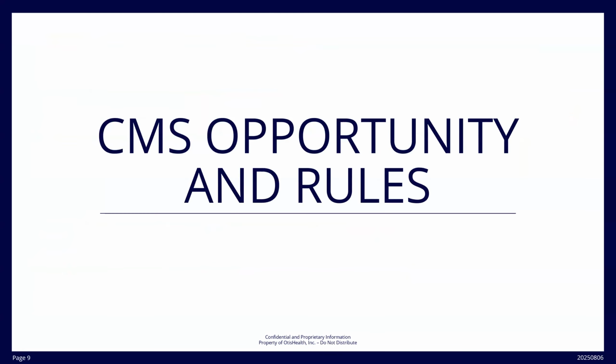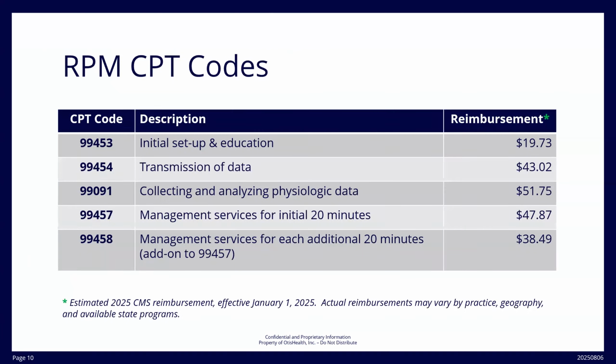So here are some opportunities. In particular, we're going to talk about CMS today, but these can apply to other opportunities if you're doing a fee-for-service practice. So with RPM, there are specific CPT codes that AMA, American Medical Association, has established for us to use, and these are the reimbursement rates that CMS has as of January this year.